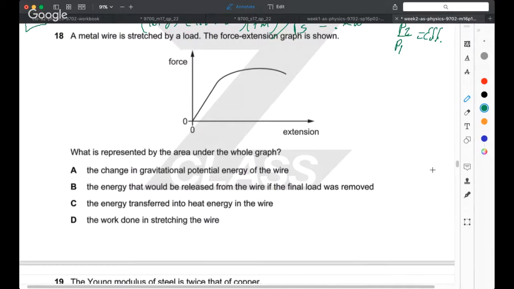Under the whole graph, it's not A, it's not B, it's D. It's work done in stretching.